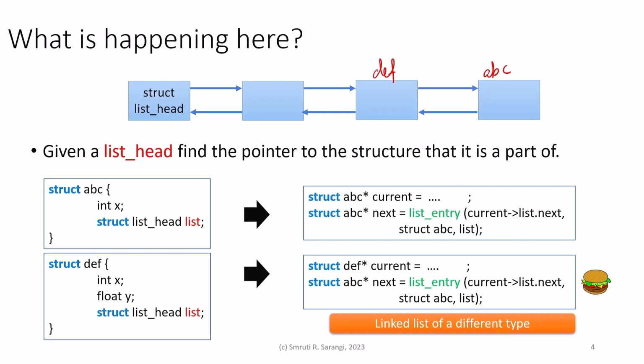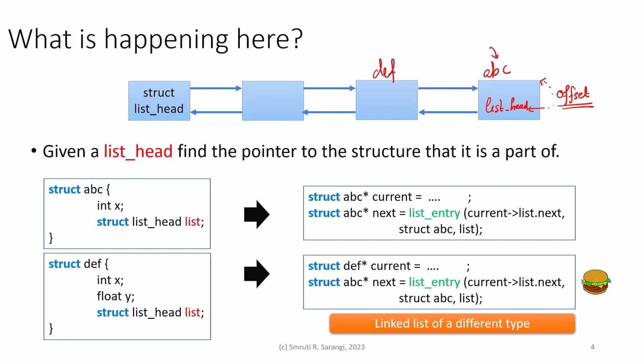After that, you simply find the current list dot next, which basically gives you the pointer of the list head member within ABC. From this, you need to find the starting address of this encapsulating structure, which means you need the offset. For computing the offset, you need to know what kind of structure it is and what is the name of this member, the list head member.